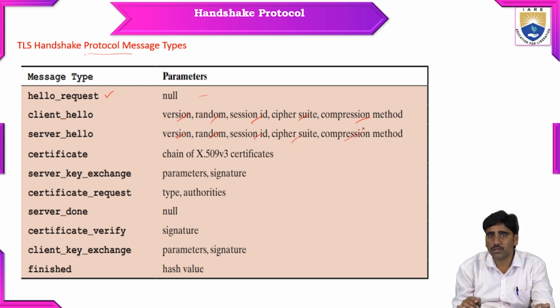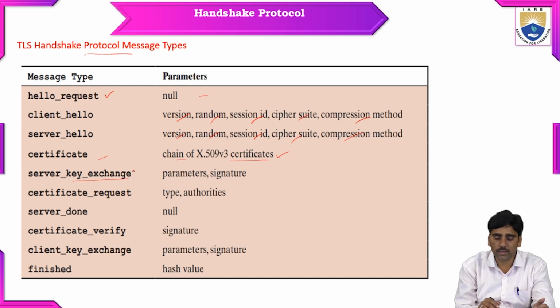The server gives the response to the client request, so Server Hello is the response message to the Client Hello message. Next is Certificate, which carries the chain of certificates.